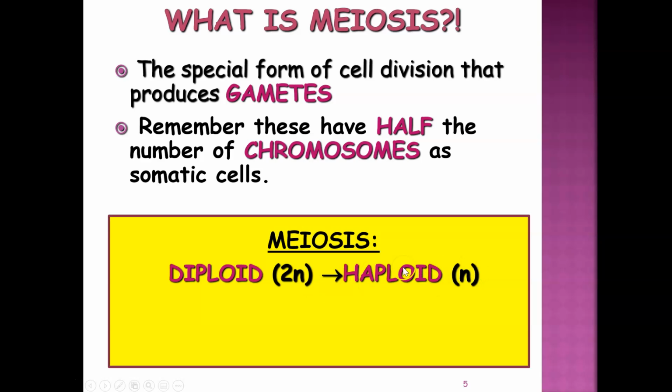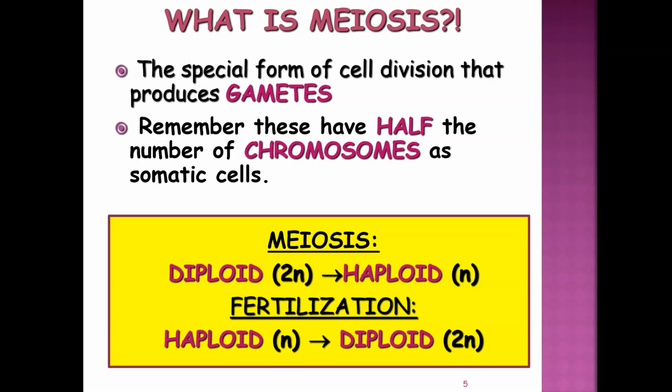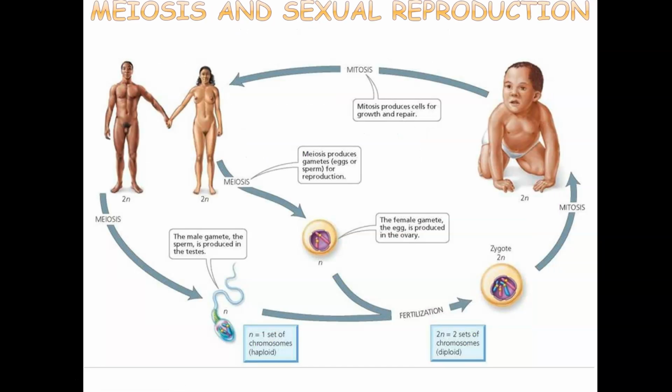So you end up with haploid cells that have half the number of chromosomes. Fertilization takes place with two haploid gametes, and they create a fertilized cell that is diploid in number. These are all terms that you really have to memorize. You really need to know what all these terms are.